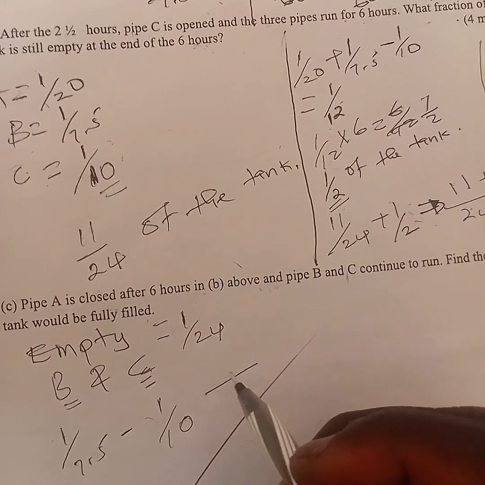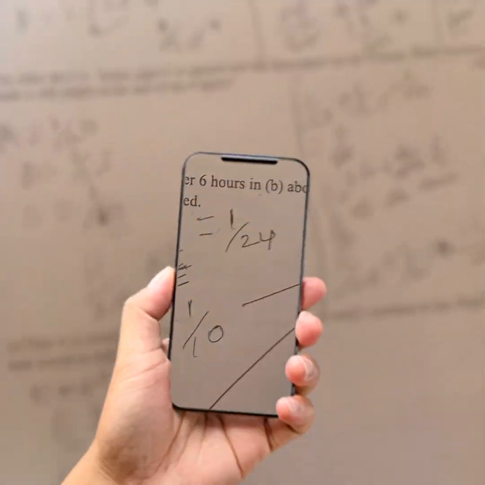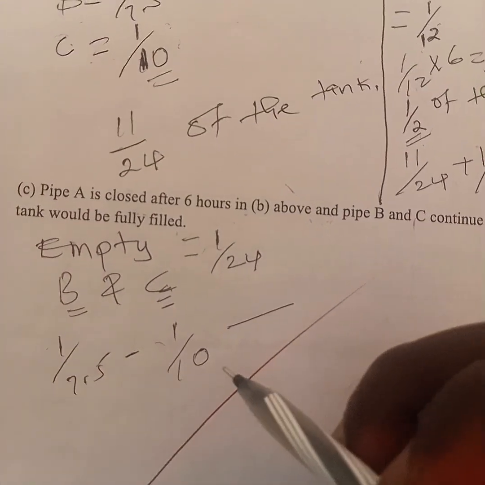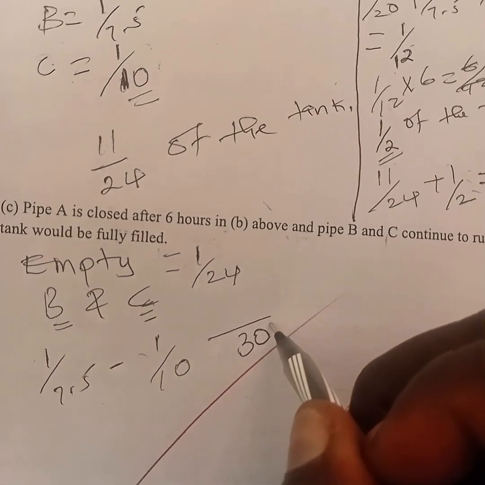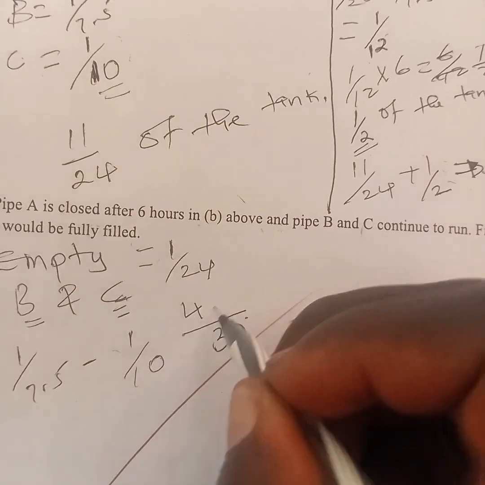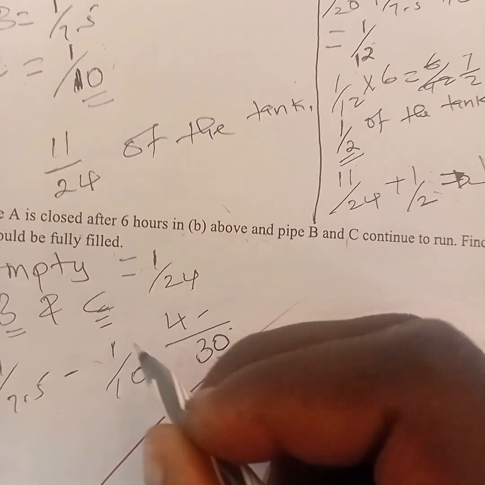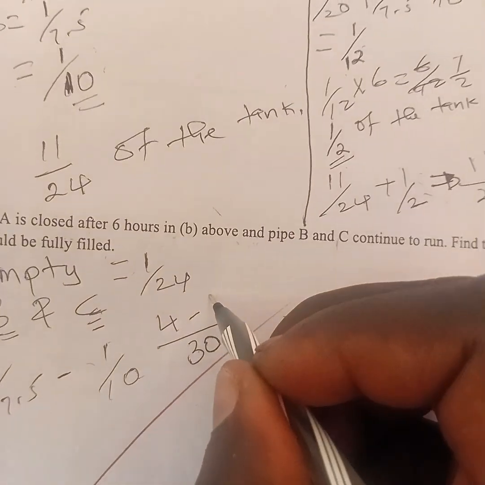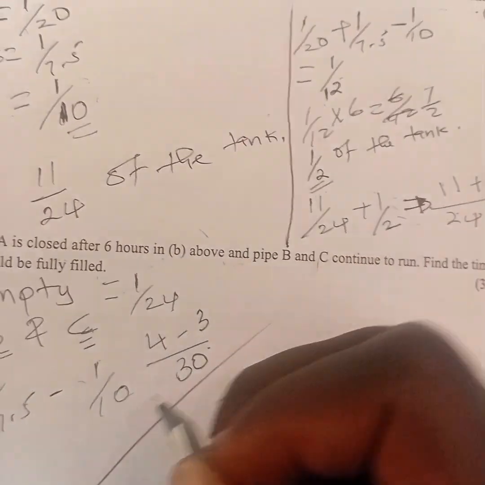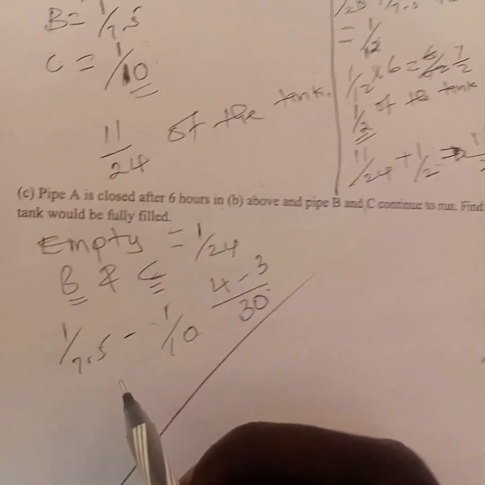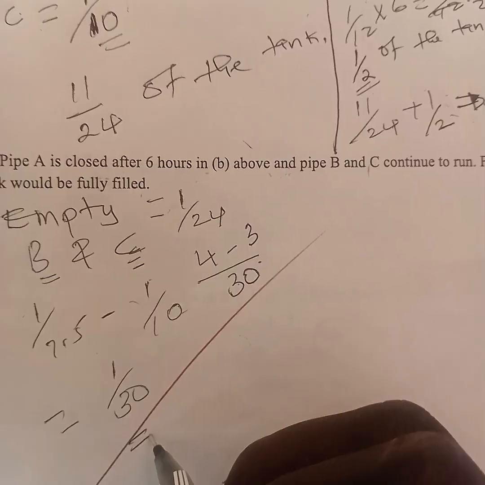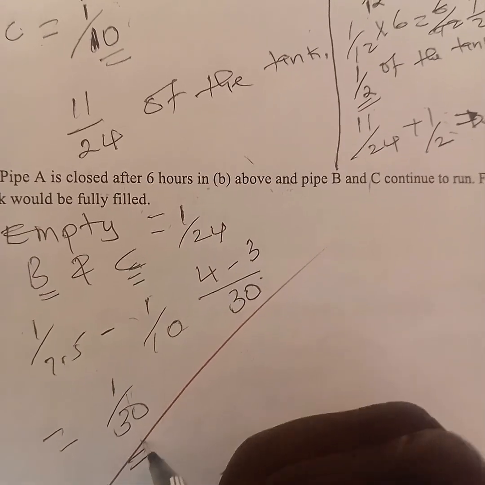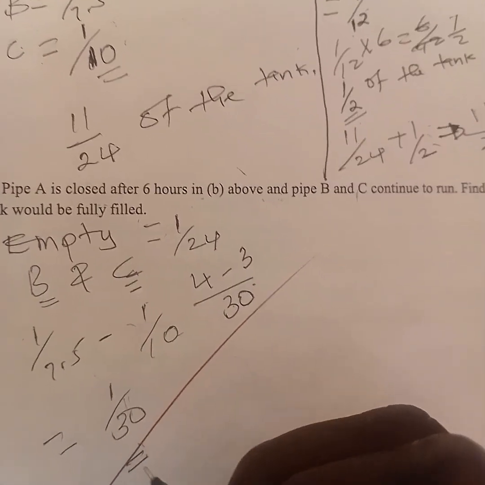The LCM of 7.5 and 10 is 30. So 7.5 goes here 4 times, 4 times 1 is 4, minus 10 goes here 3 times, 3 times 1 is 3. So their rate will be 4 minus 3, which is 1 over 30. They will fill 1 over 30 in 1 hour.